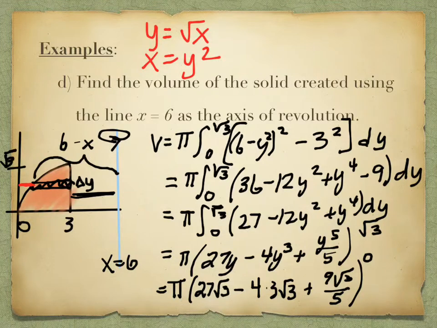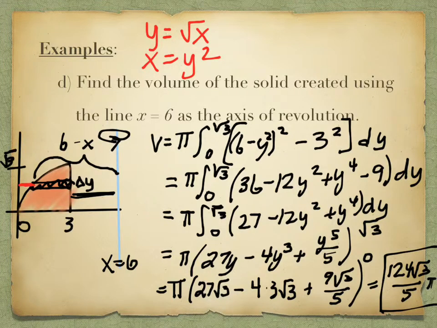What'd you get, Hannah? Oh, it's even bigger. 124. You're very close, Cameron. You're off by 10. 124 square root of 3 over 5. And then we will remember our pi this time. Is that good? Are you with me?